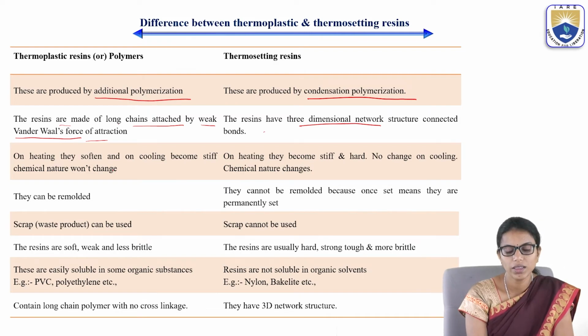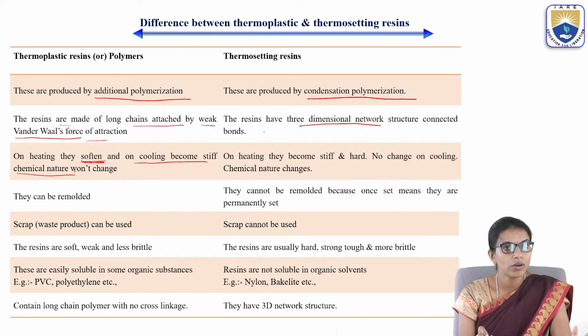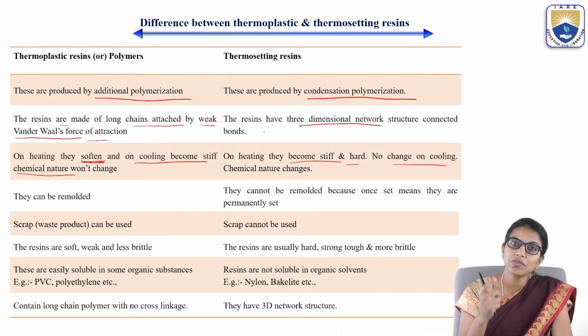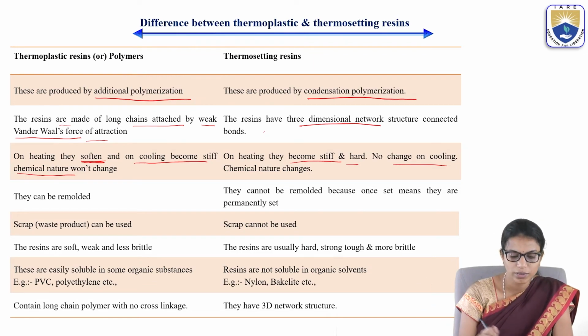On heating, thermoplastics soften, and on cooling they become stiff, with no change in chemical nature. Thermosetting plastics, on heating, become stiff and hard, and there is no change on cooling. So whatever structure we have given for the first time will be retained again and again.